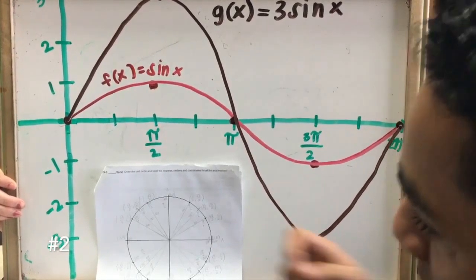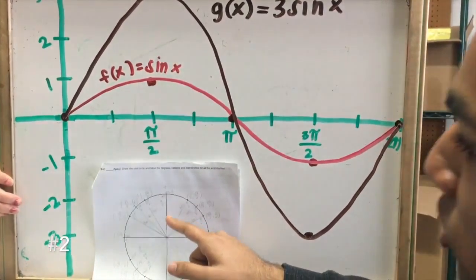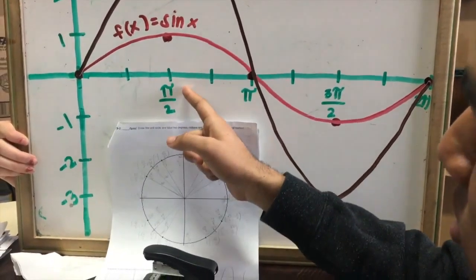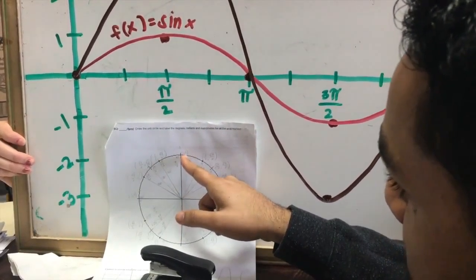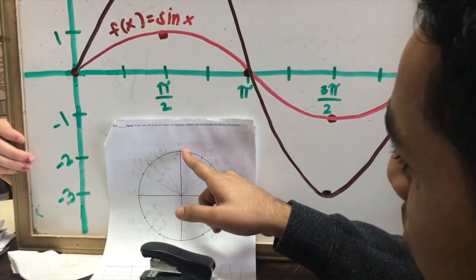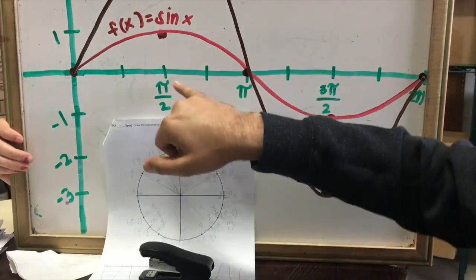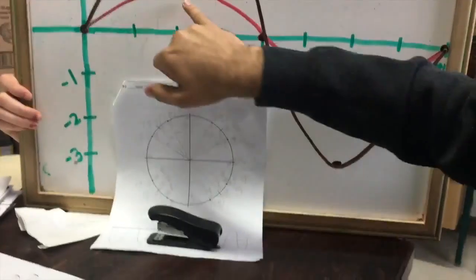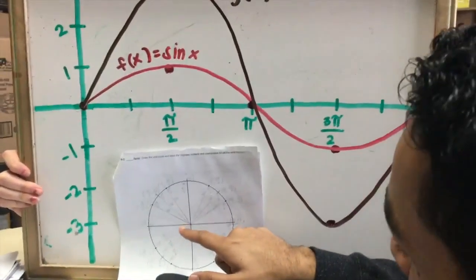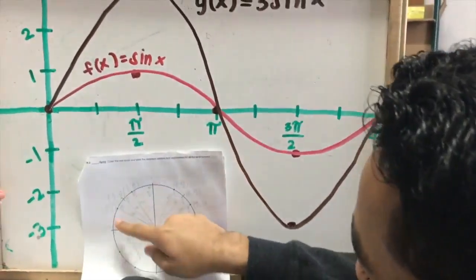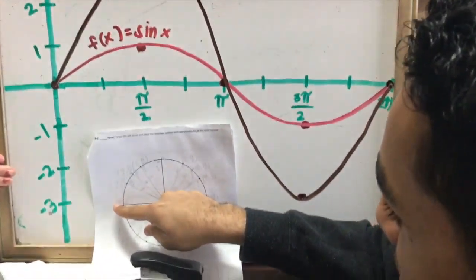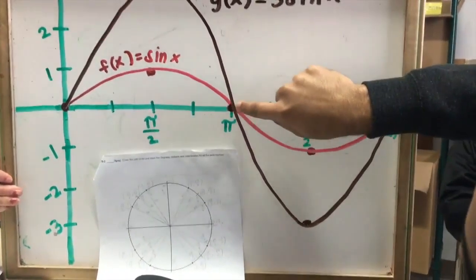The 4 points are, you find them on the unit circle. Pi over 2, which is here, and the last digit is on the x and y is 1, so you graph it at 1, which is right here. Okay, and then you have pi, which is right here, and the last digit in the x and y is 0, so you graph it at 0 right here.